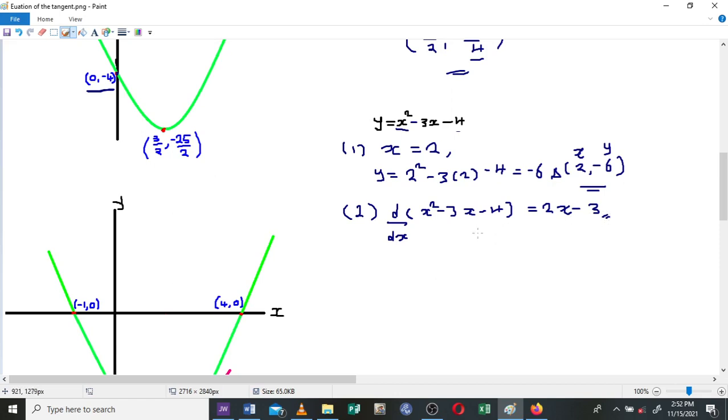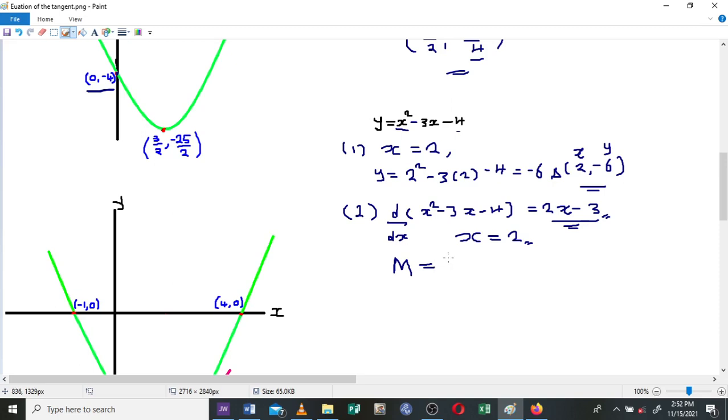Now the next thing we want to do is, since we want to find the gradient at the point where x is equal to 2, after differentiating our equation one time, we are going to substitute the x variable by 2, and that gives us the value of the gradient, because gradient is equal to the first differential of the equation that you have.